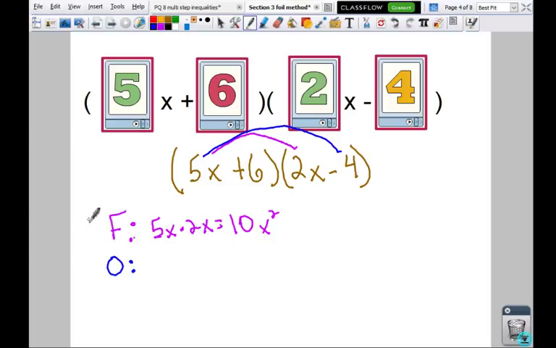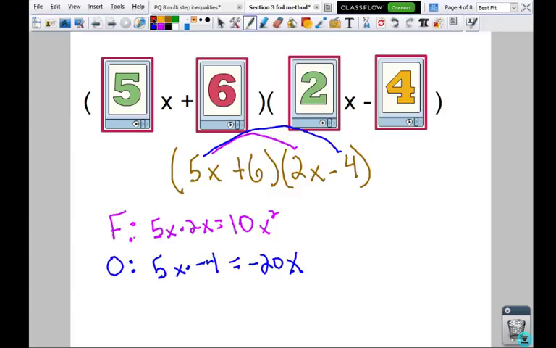So if you don't do it in the FOIL order, that's fine. You just gotta be careful because when you combine, they might not be in the middle. So we're gonna do 5x times negative 4, and we're gonna get negative 20x.